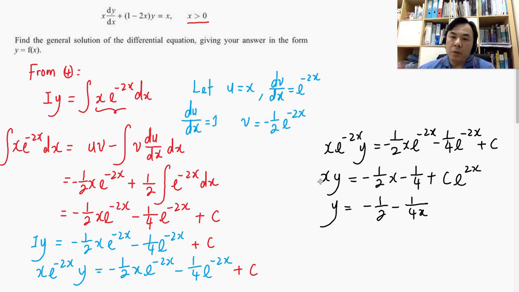And then after that, I'm going to divide both sides by x, knowing that x is greater than 0, so therefore I will have this plus C over x exponential 2x there. And then that will be our general solution for our first order ordinary differential equation.